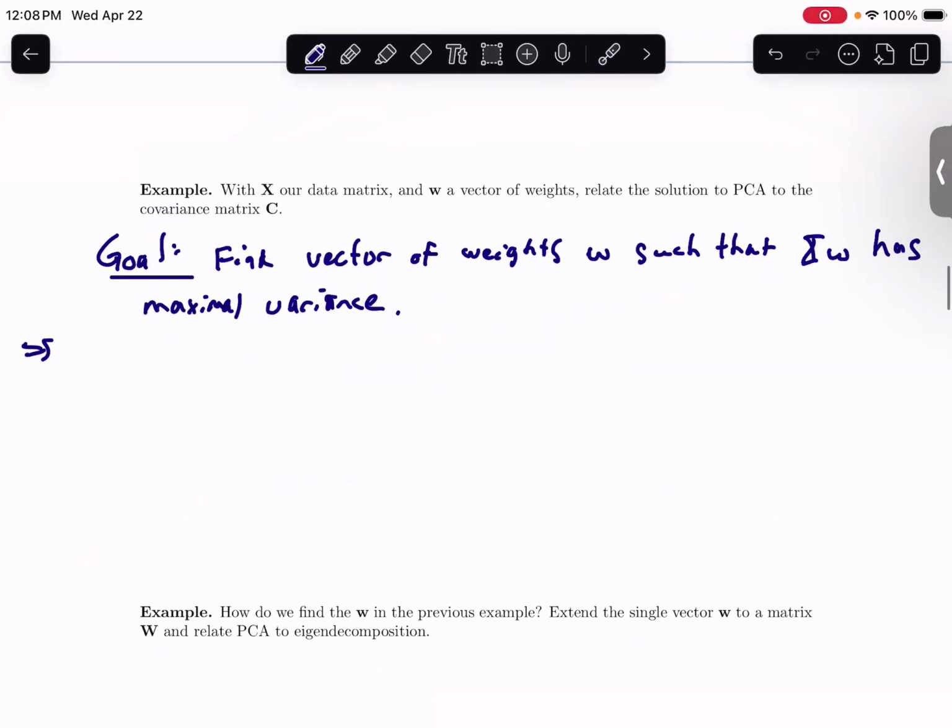And so what we're going to do is let lambda be the following. Really we want to maximize something regarding X times W. So we're going to let lambda be equal to the magnitude of X times W, squared.